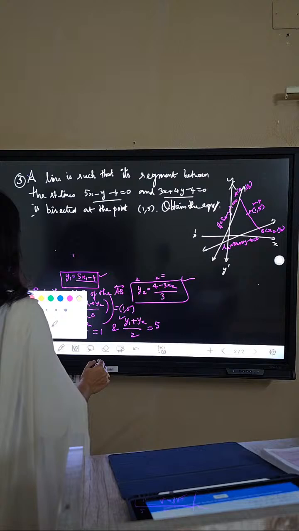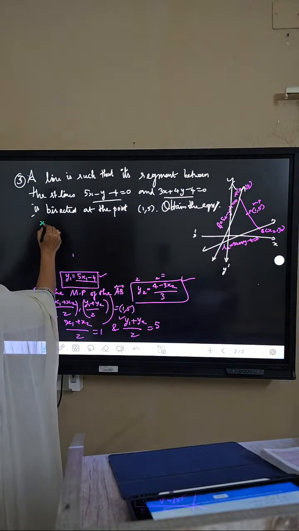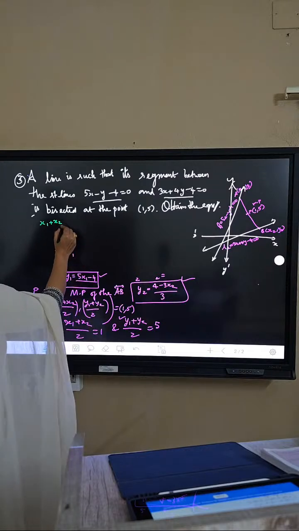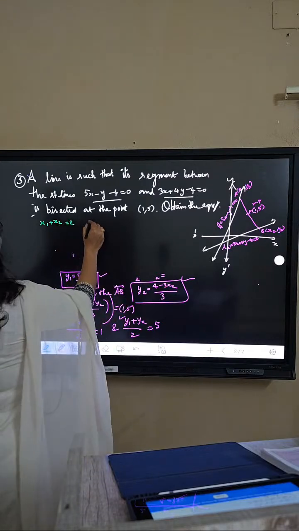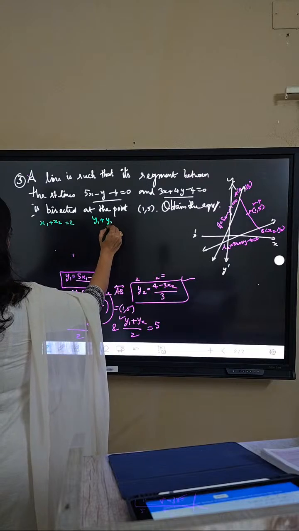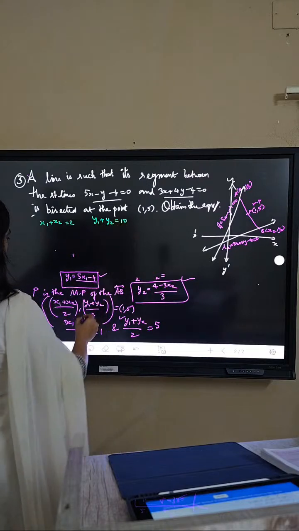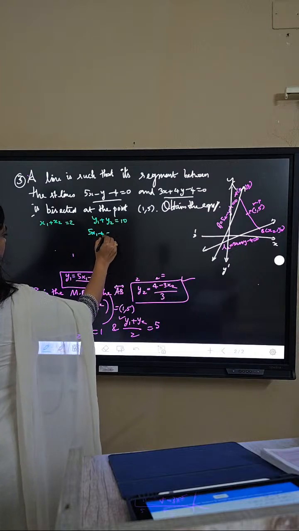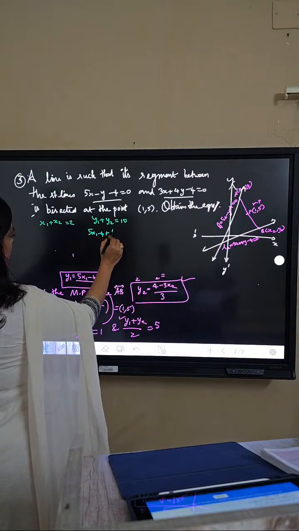So what is in this equation? x1 plus x2 equal to 2. Here y1 plus y2 equal to 10. In the place of y1 you can write this one. In the place of y2 you can write this.